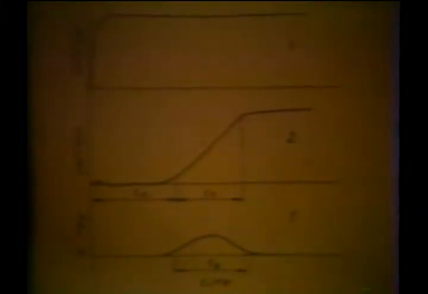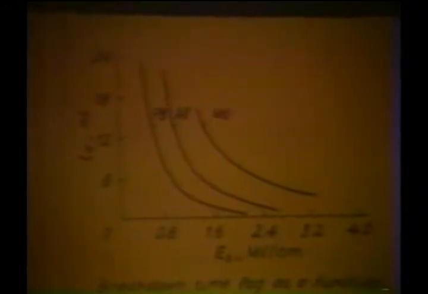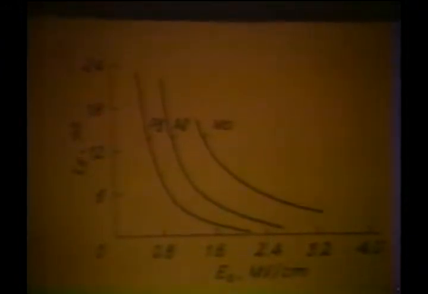After a time lag, a pulse of X-ray radiation appears as shown in this slide. The duration of an X-ray pulse is equal to the commutation time. The next slide demonstrates that the time lag shortens to a great extent with an increase in electric field.